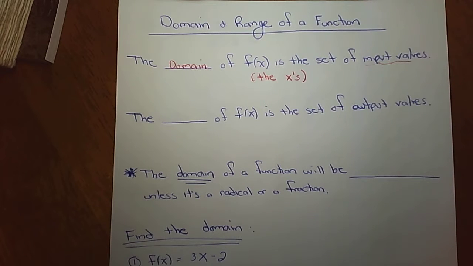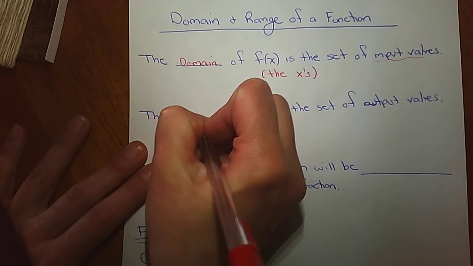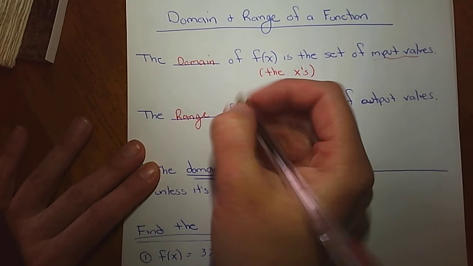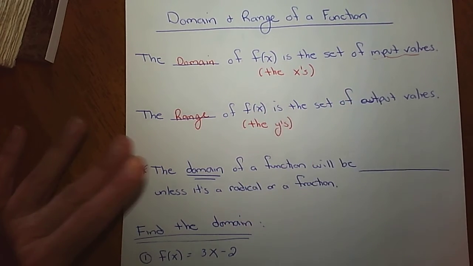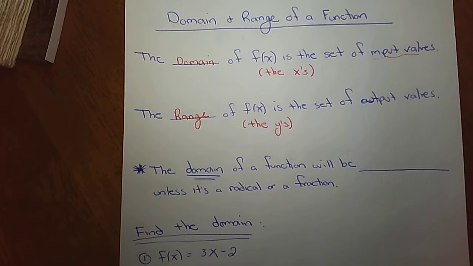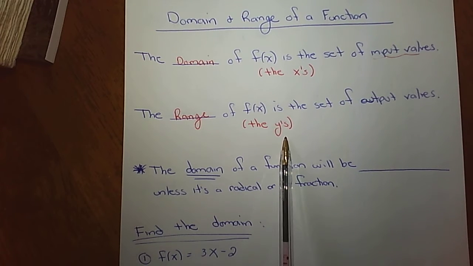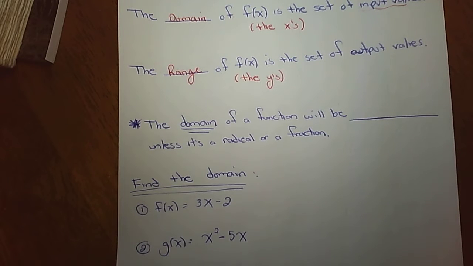So the domain are the x's that we're plugging in, as opposed to the range of f of x, which is the set of output values. So the range would be the y's or the answers that we're going to get. So that's the difference between domain and range. Domain we think about as the x's. Range is the y's.